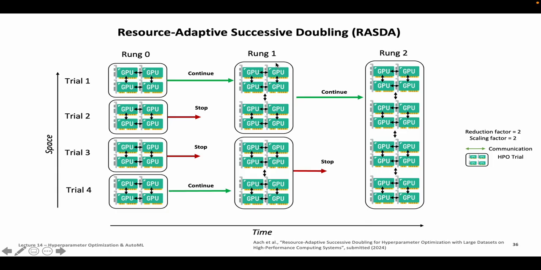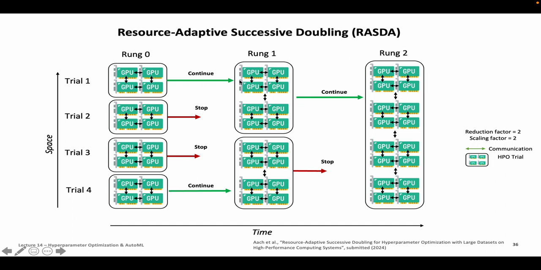The nice thing, of course, is that now the trial that was allowed to continue has not only 4 GPUs to train on, but a total number of 8 GPUs after the first successive halving step. So assuming ideal scaling, it will now run twice as fast. And we can, again, not only do this at one point, but actually at multiple points in time.